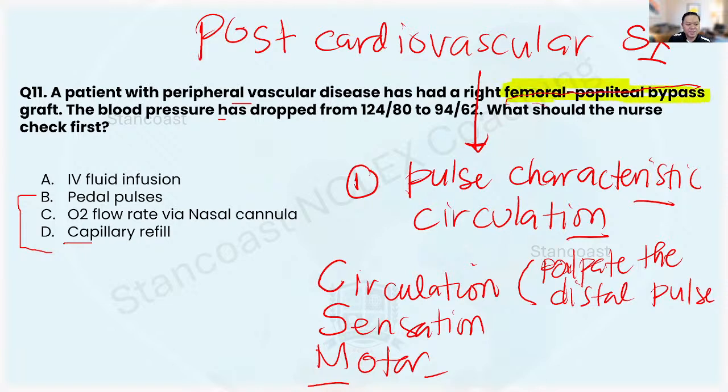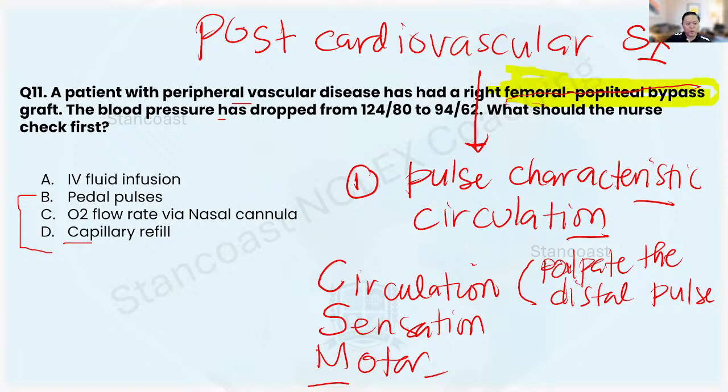This is located in the thigh area. There is now a connection, an anastomosis of the artery because of that diseased portion of the blood vessel. So there is a bypass that is going on. And so if we are going to check this patient's pulsation, we want to make sure that we are checking the distal pulse, which is way below.